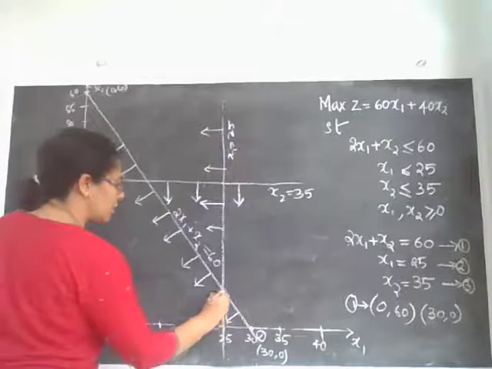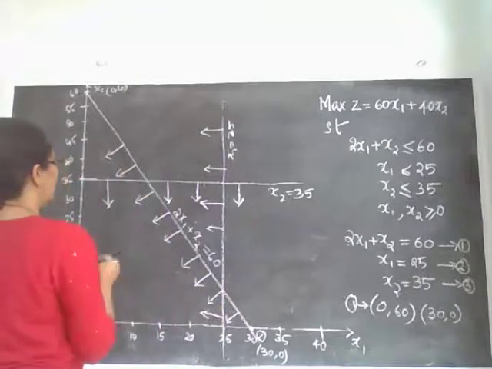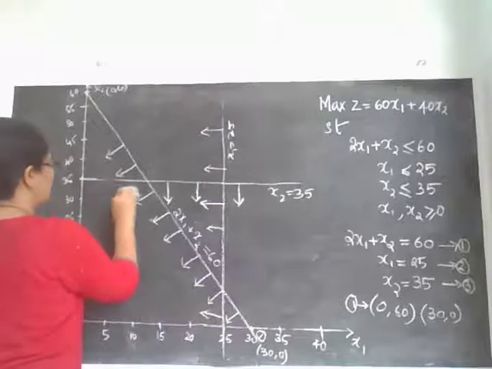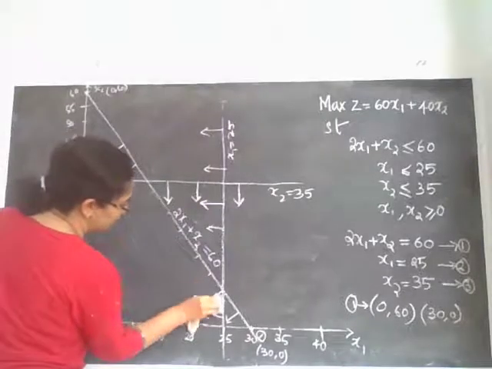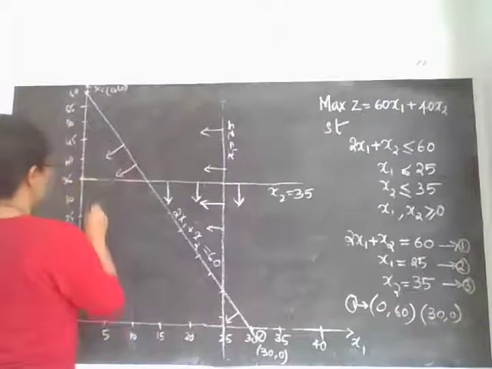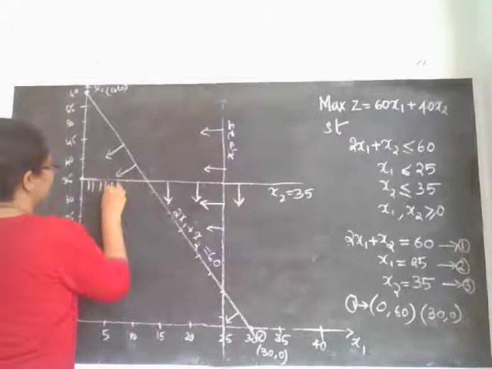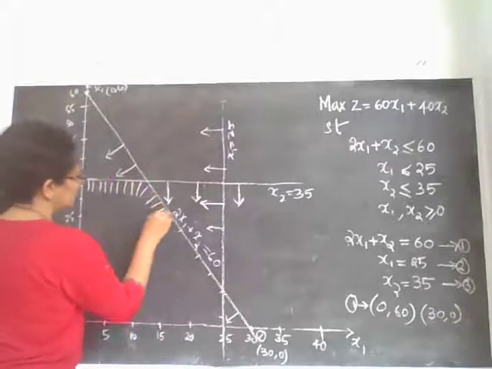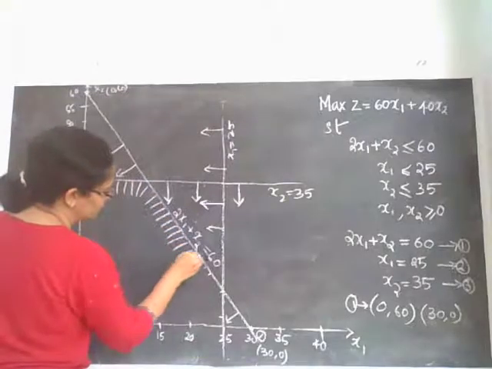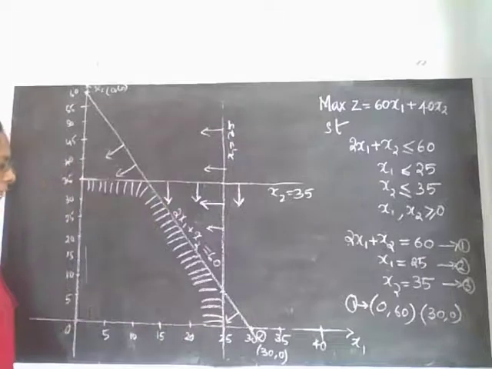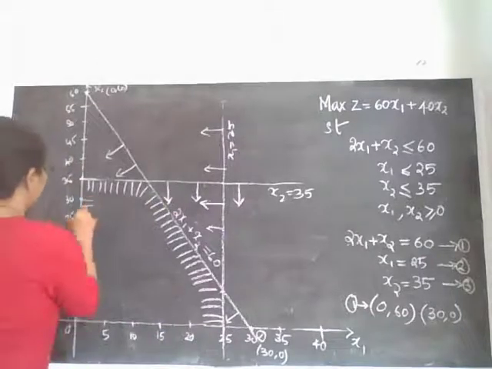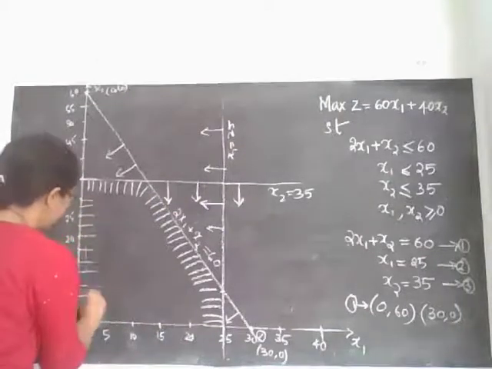When you draw it, the feasible portion will lie here in this one. So this bounded area is the feasible region.